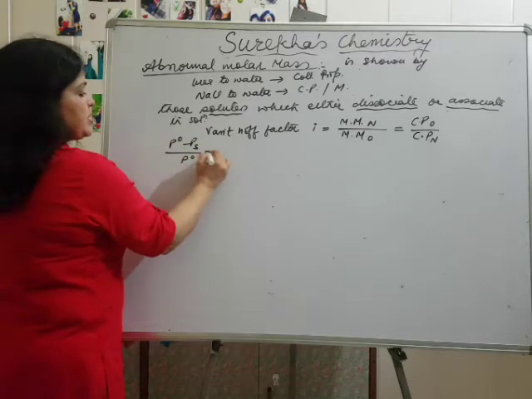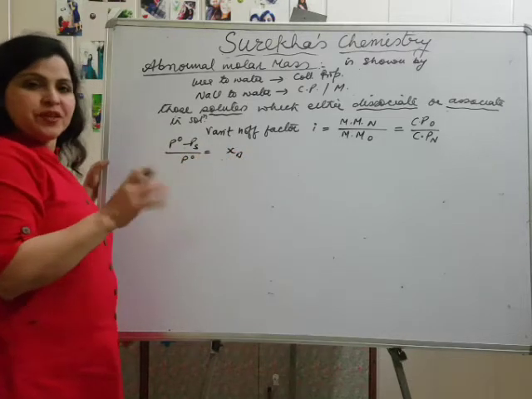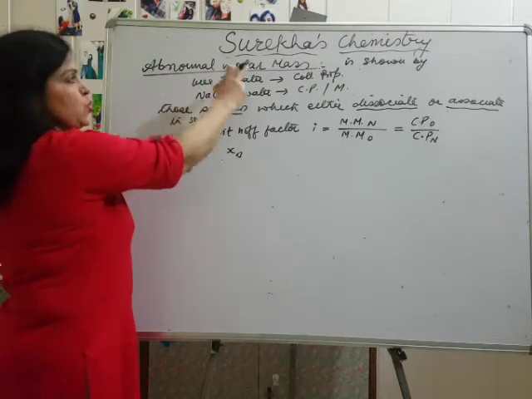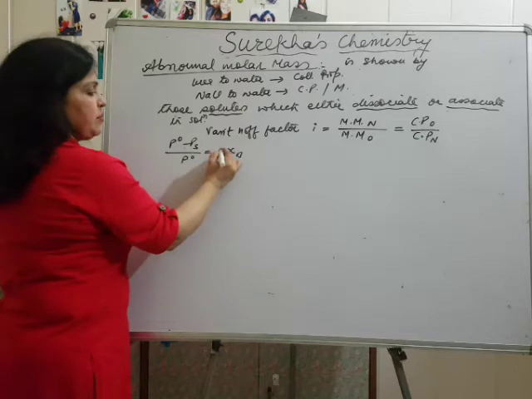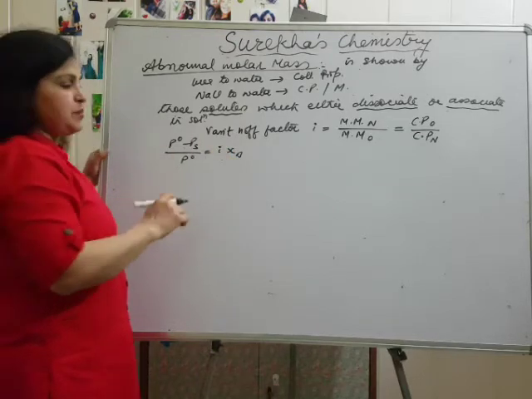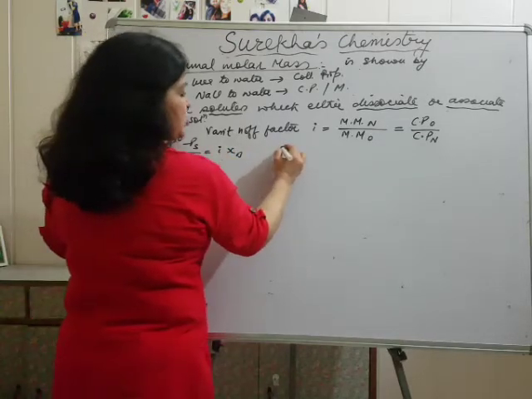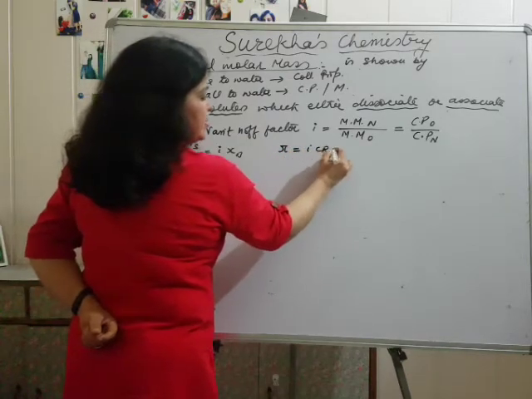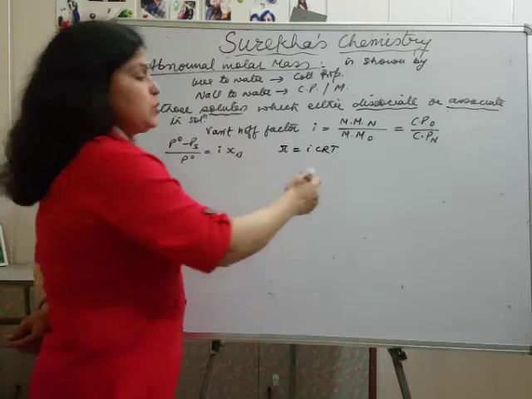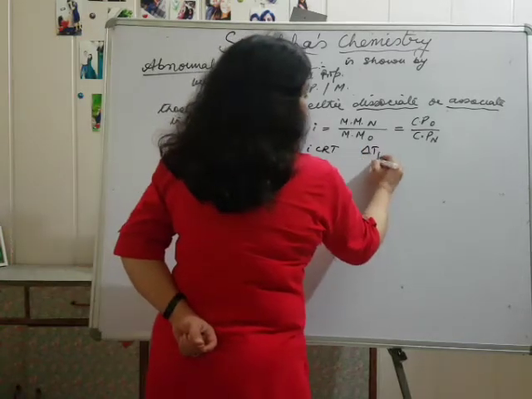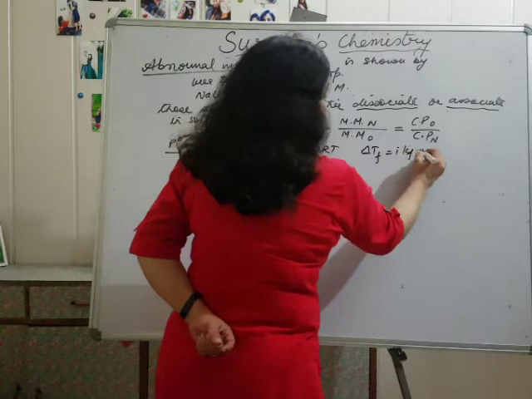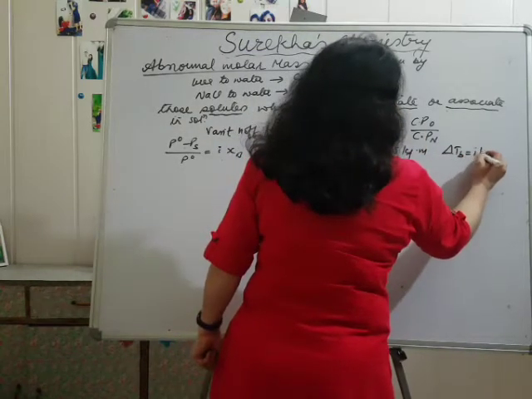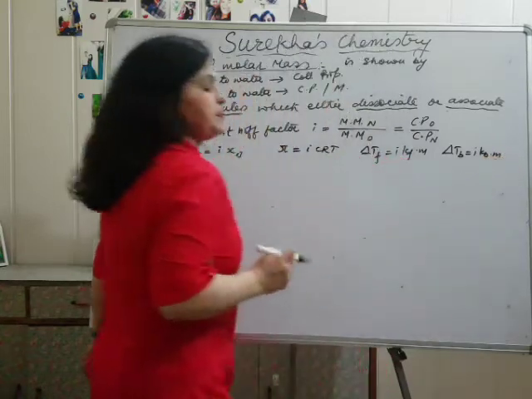Delta P by P0 is equal to Xb, you all know, but in case of such solutes which show abnormal molar mass, i will be introduced. Put i along with it. And the other colligative property, osmotic pressure, pi equals i CRT, so put i. Delta Tf equals i Kf into m, and delta Tb is equal to i into Kb into m.